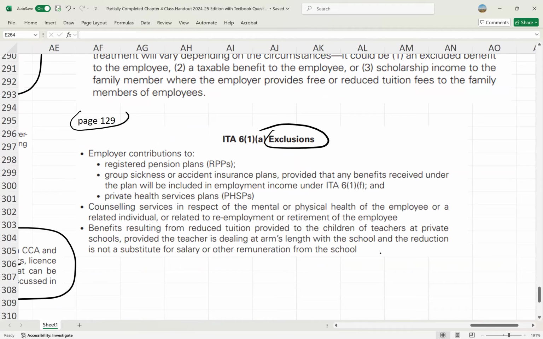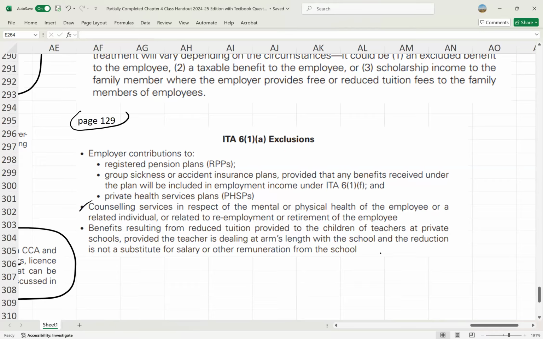And once again, employers' contributions to RPPs. We talked about that. If you are an employee, you belong to a company pension plan, an RPP, the amount that your employer contributes is not a taxable benefit. So it's excluded from employment income. We talked about that at the beginning of this question.